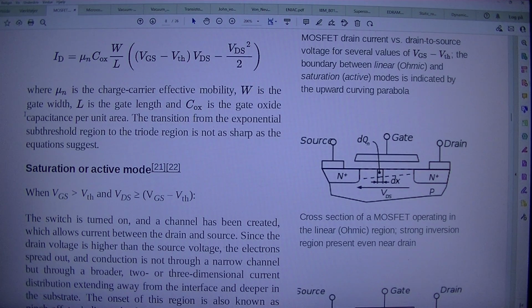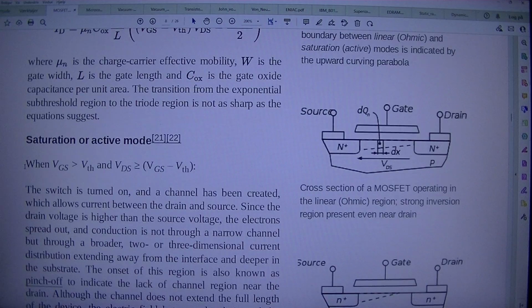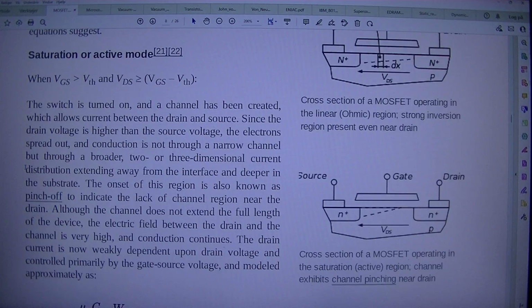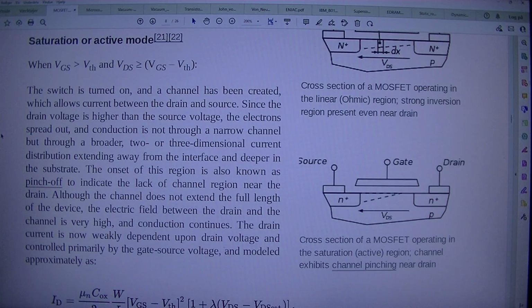Saturation or active mode. 21, 22. When VGS > VTH and VDS ≥ VGS - VTH, the switch is turned on, and a channel has been created which allows current between the drain and source. Since the drain voltage is higher than the source voltage, the electrons spread out, and conduction is not through a narrow channel but through a broader, two- or three-dimensional current distribution extending away from the interface and deeper in the substrate.